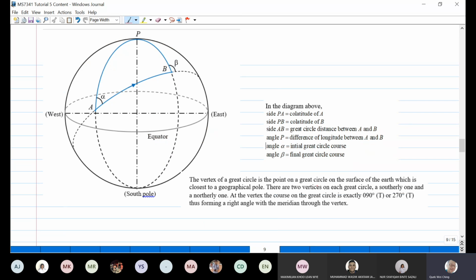You have a North Pole, here, and a point A, travelling to point B. You join the North Pole to the point A, and this alpha is the initial course, which is a bearing, because this is pointing to the north. Same thing here, this is also pointing to the north. So the beta is called the final course, also the bearing here.